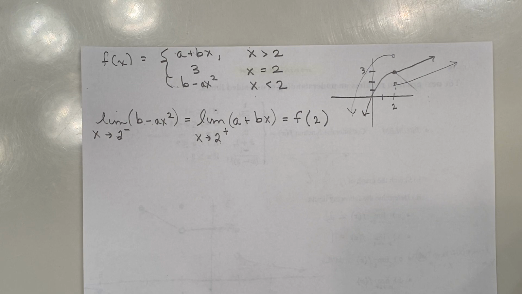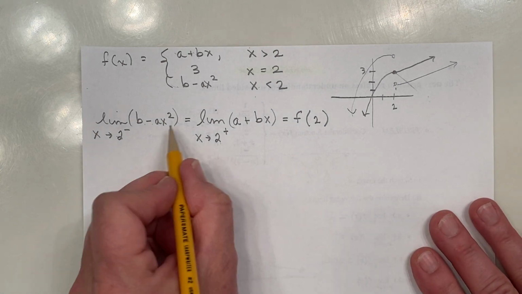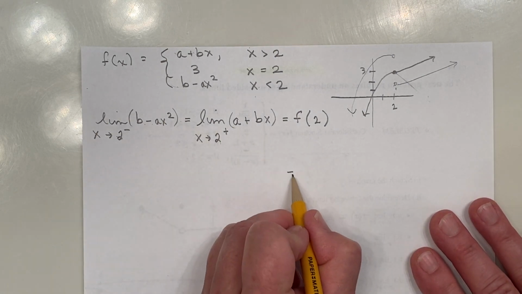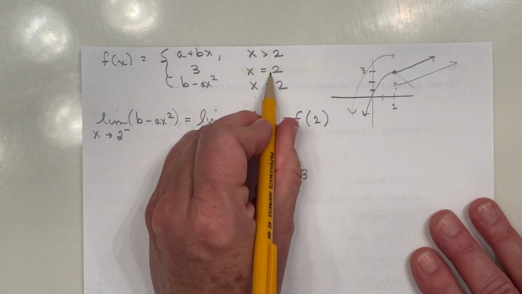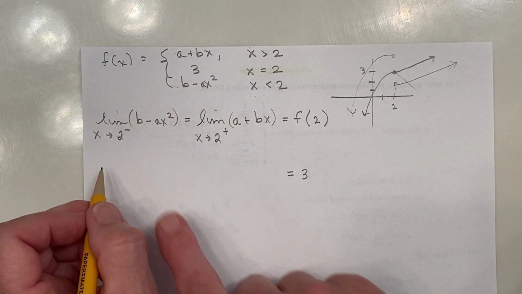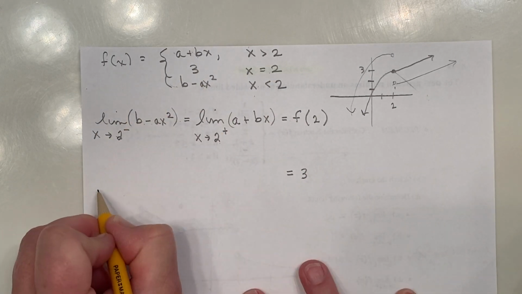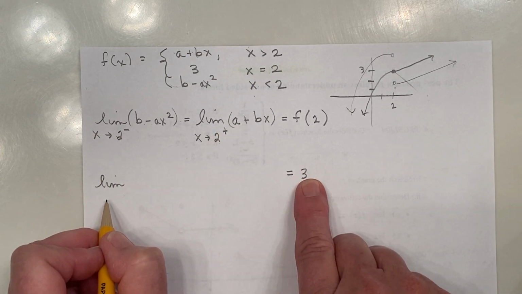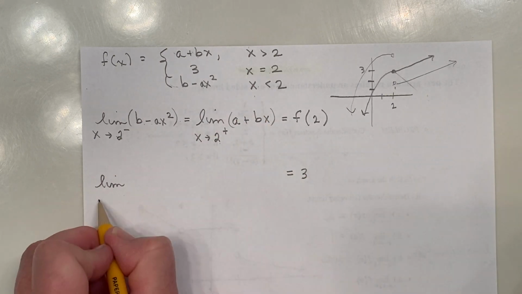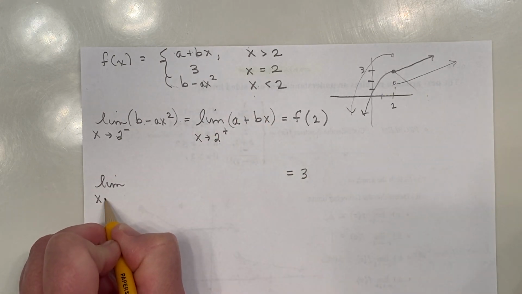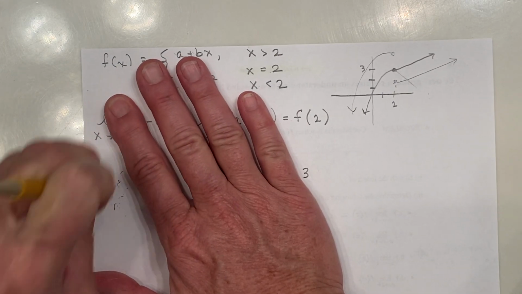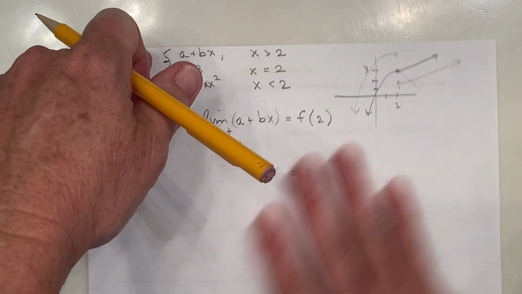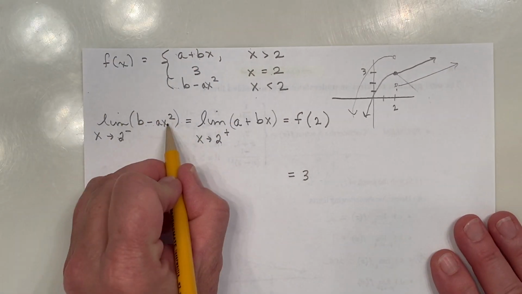So let's see what we can do here. Well, I've got a statement with 2 equals. So I know that f of 2 is equal to 3. So now I want the left limit to equal 3, and I want the right limit to equal 3. There are a lot of ways you can solve this mathematically, but I'm going to plug in 2 for x.